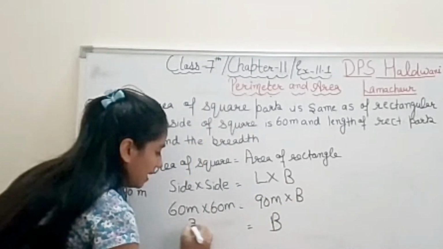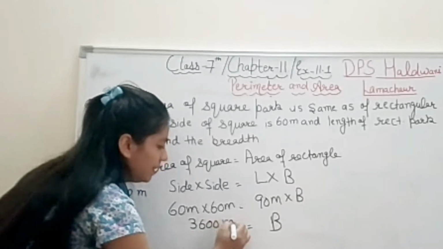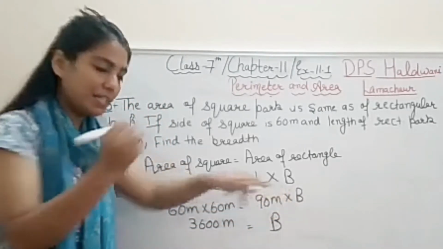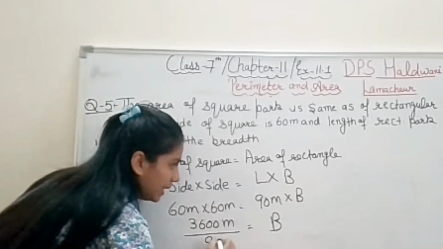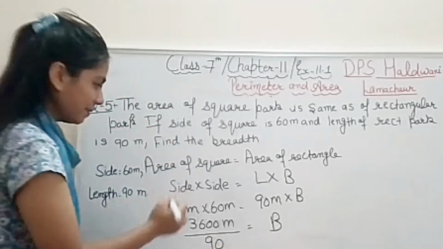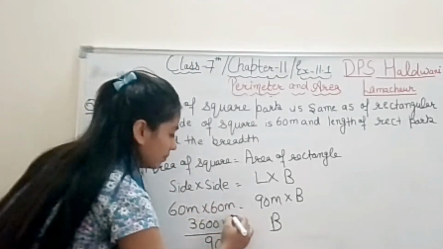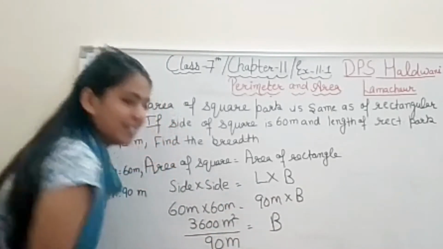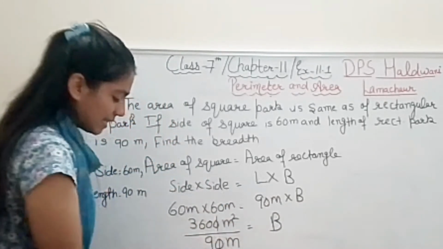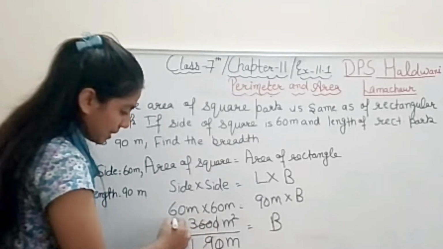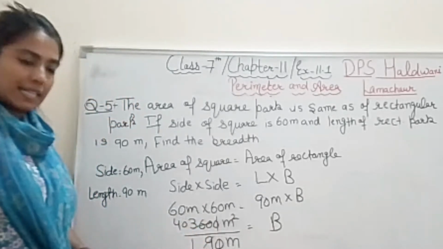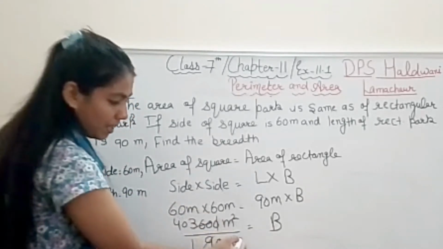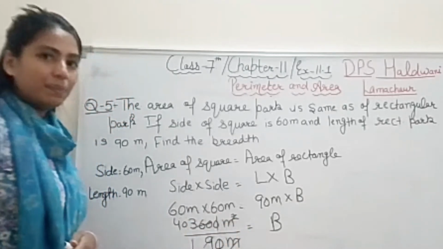60 into 60, that is 3600 meter. Okay, 90 meter is multiplication, so it will go with divide, right? Zero zero cancel, 9 ones are 9, 9 fours are 36, and 1 zero as it is. Now unit also, 1 meter is cancelled out with 1 meter.